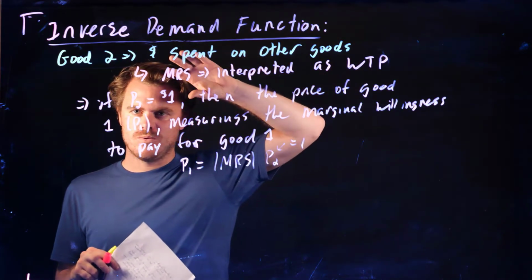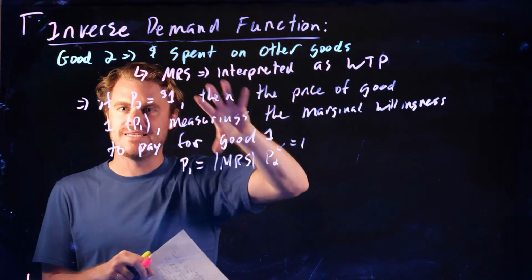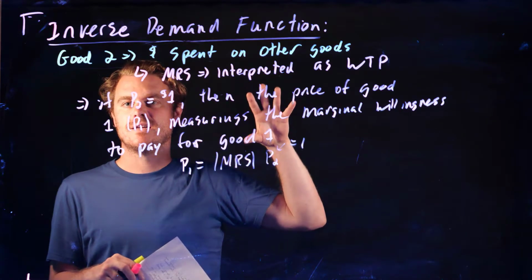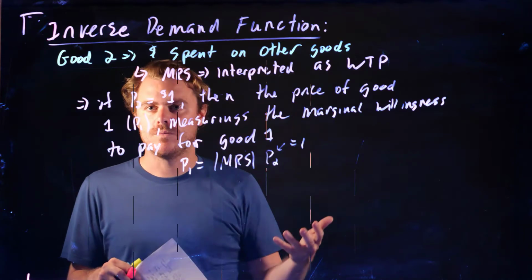All right, so now let's go back. We got down to this idea, and now we need to step back and think about what this means for the inverse demand function as a whole.